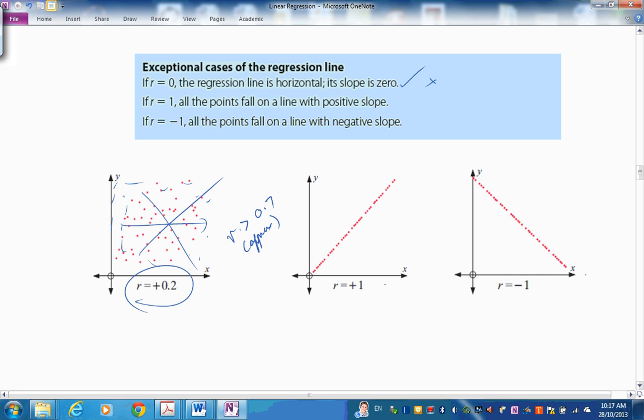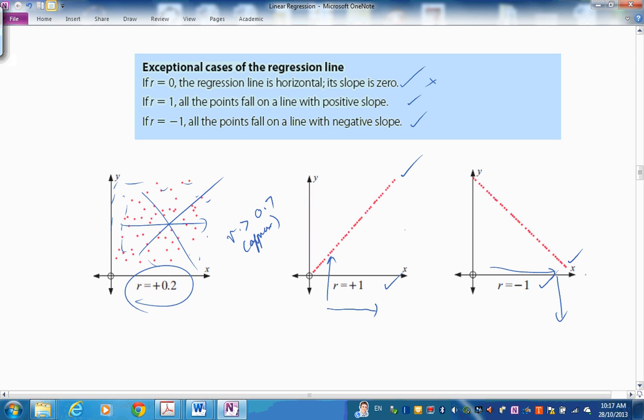If R is 1 or negative 1, the line is perfect. The model, the y hat, is perfectly equal to the values of y. It's a perfect fit. As one goes up, the other goes up, and with a negative, as one goes up, the other one's coming down. But it's a perfect correlation. So the line of best fit is a perfect model.